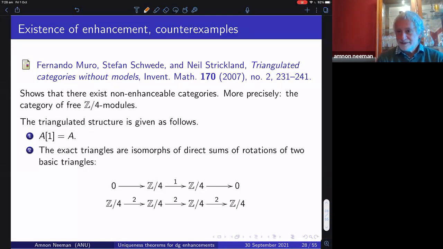The trivial one, which is built up of an isomorphism from Z mod 4 to Z mod 4. And then the triangle which consists of 3 multiplications by 2. So of course, the category couldn't be simpler. It needs to be proved that it's triangulated, and it also needs to be proved that it doesn't have an enhancement. But those facts are true.